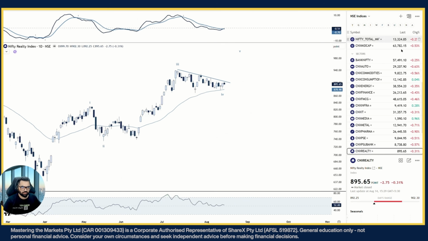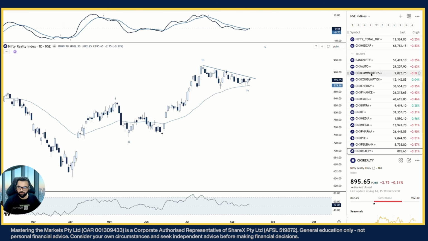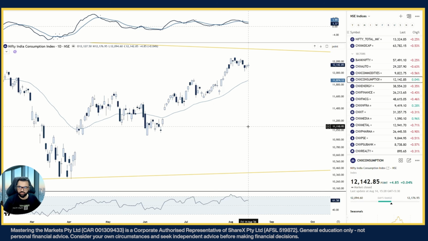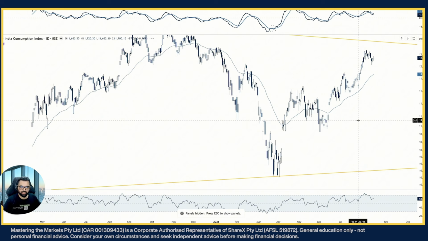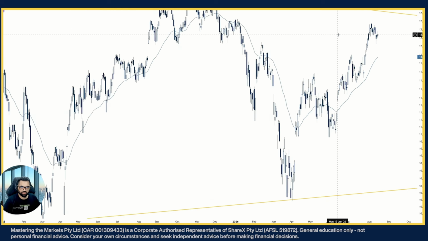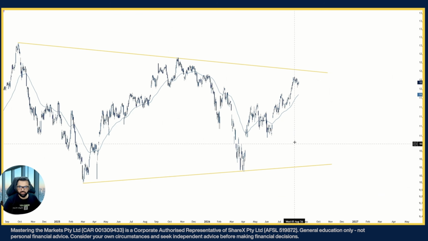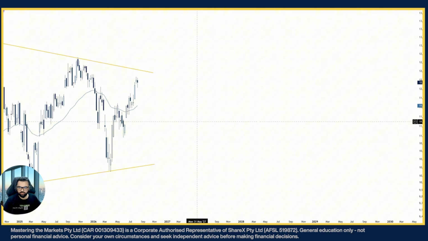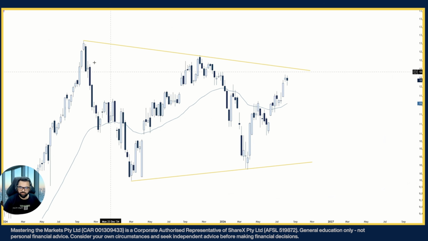The other indices that popped up on the rotation graph were autos, which we already checked out, and the other one was consumption. So this is the Nifty India consumption index. While it is making higher highs and higher lows on the daily chart, on the bigger picture, so I'm going up to the weekly, this range has been there since September of 2024.